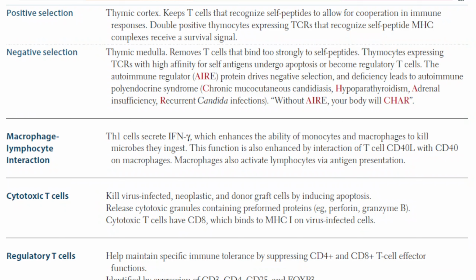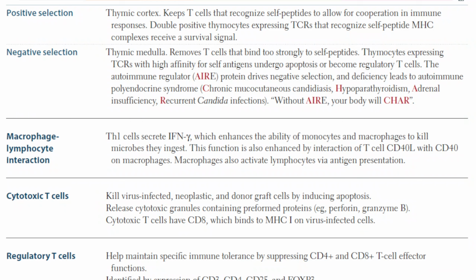When this fails, that's why some people have an immunology disease, like a hyperreaction to your own body, things like that. So negative selection happens in the thymic medulla. Remember, positive selection is in the thymic cortex, and negative selection is in the thymic medulla. This process removes T cells that bind too strongly to self-peptides.